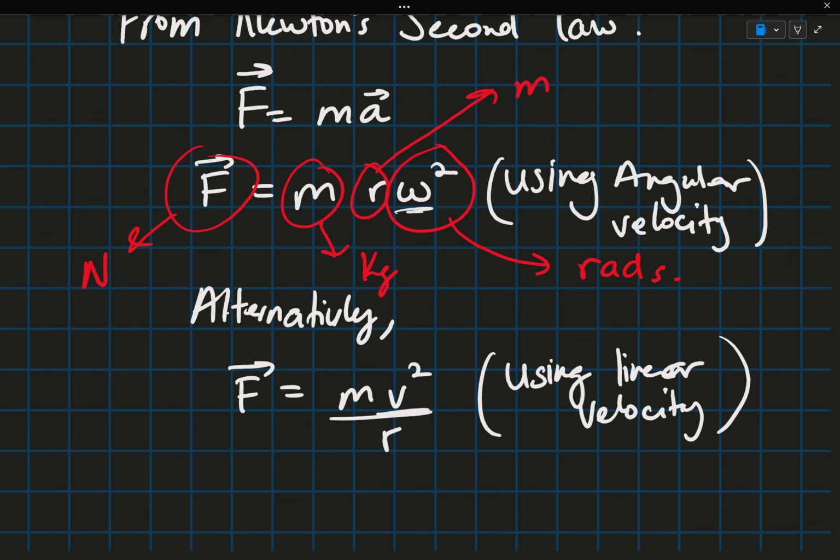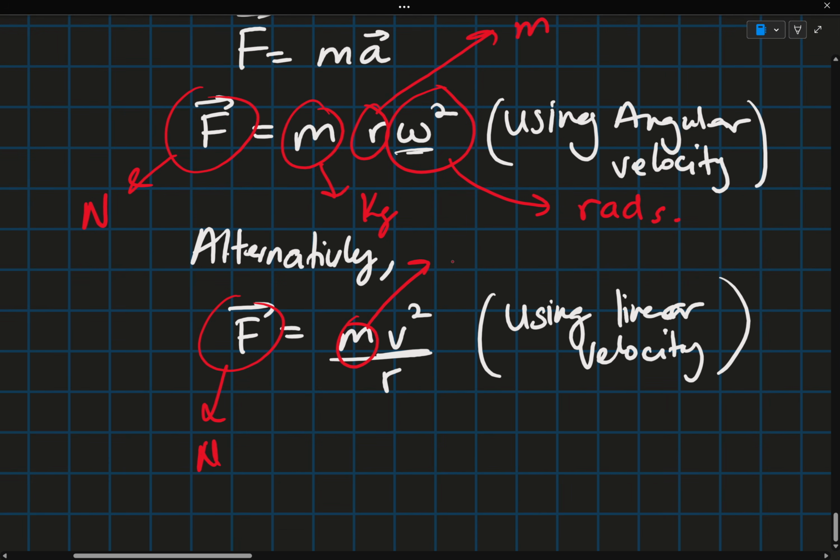The force is in newtons, mass is in kilograms, this would be meters per second, and because it's squared, we have it squared. And then here we have the r, which is in meters. So everybody's okay with that derivation of the centripetal force? Because force is equal to ma, that's how we get that. Yes, sir.